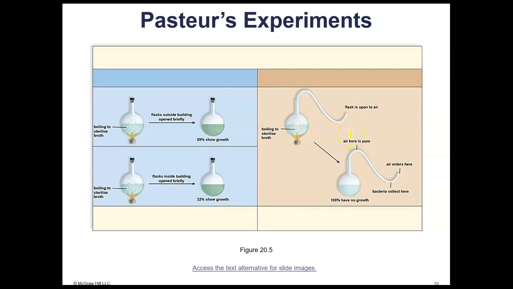Even though the flask is open to the air, whatever comes in, the bacteria will fall and collect at that first little bend in the neck of the flask. It will not move, it will not travel up the flask. So the air at the top of that little pasteurization apparatus, the air at the top is pure.